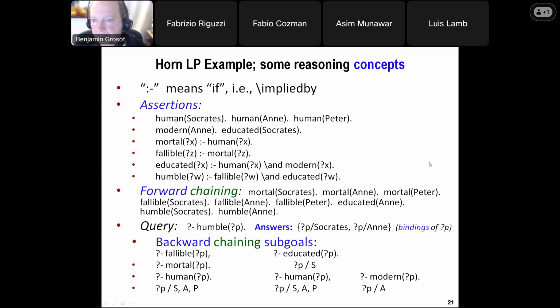Okay, so Benjamin, there are several questions. So starting from the first, can you provide a use case for KRR? Well, there are many.